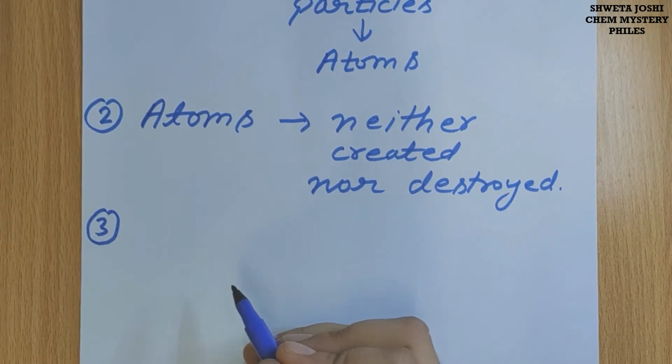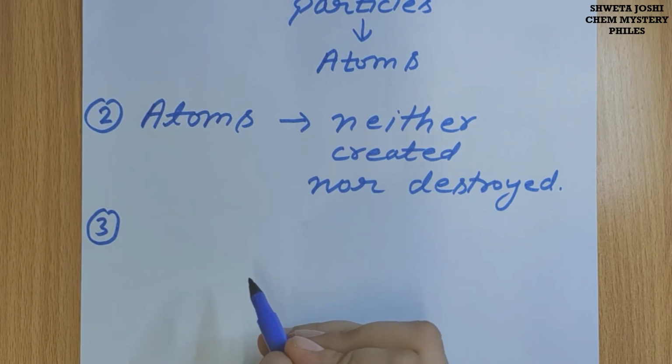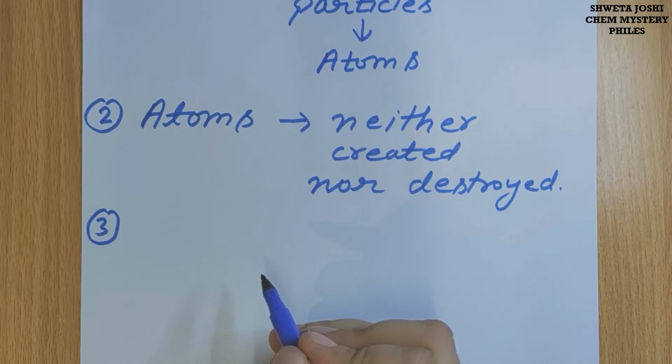According to the third postulate of Dalton's atomic theory, atoms of the same element are alike in every aspect and they differ from the atoms of all other elements.